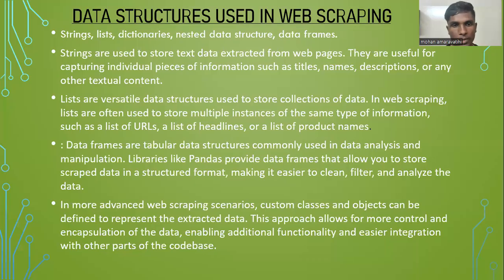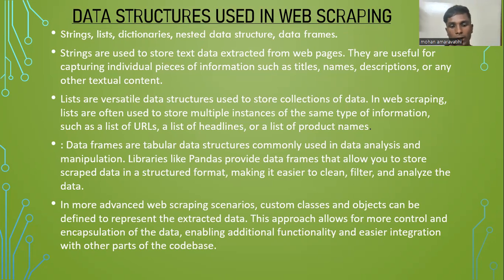Next slide, data structures used in web scraping. In data structures, a list is a versatile structure used to store text data and extracted data. Data frames are tabular data structures commonly used in data analysis and manipulation; libraries like pandas provide data frames and allow you to store scraped data in a structured format, making it easy to clean, filter, and analyze the data.